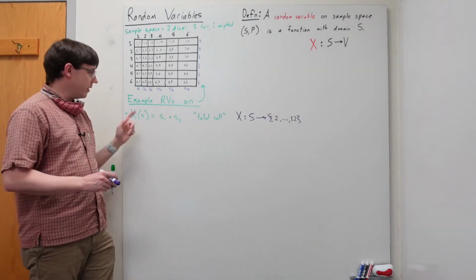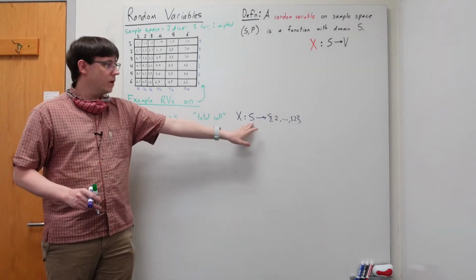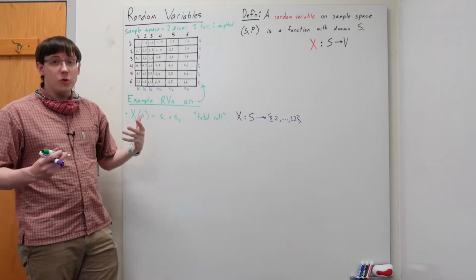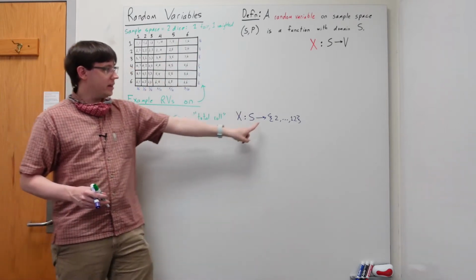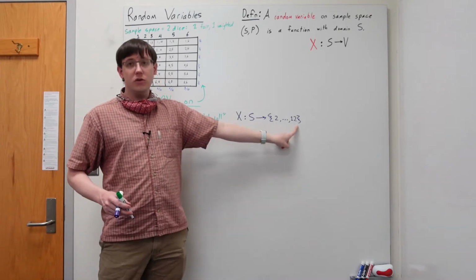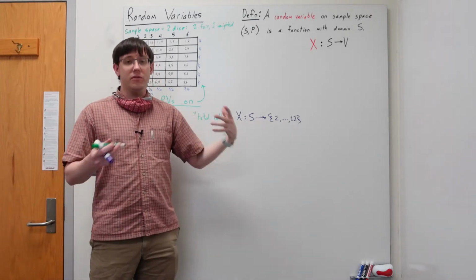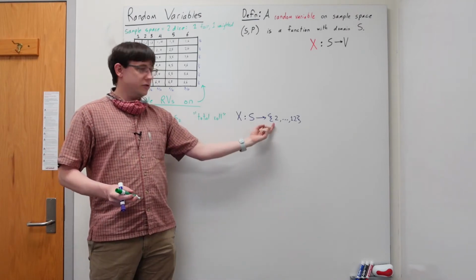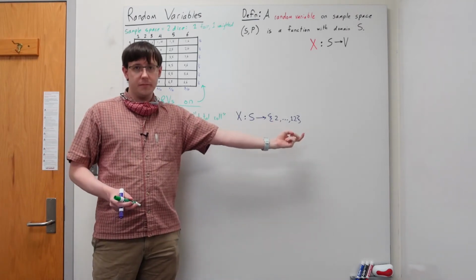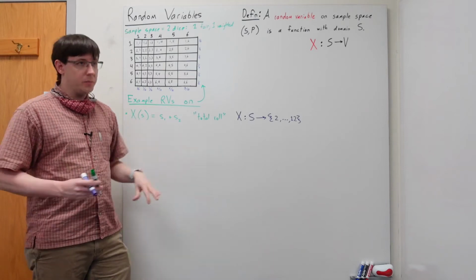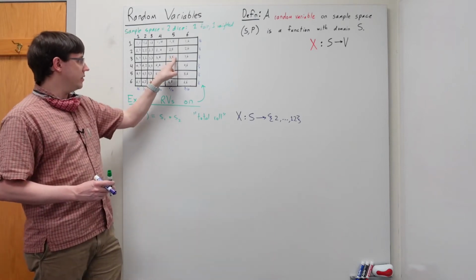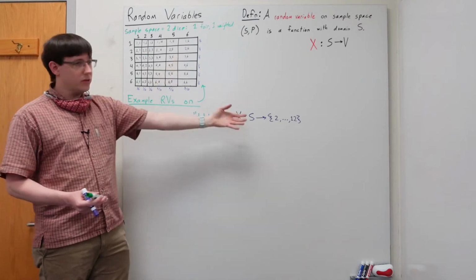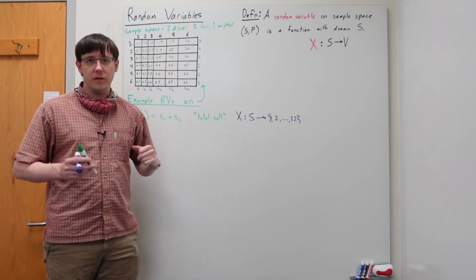So this random variable maps an outcome which lives in the sample space to a total that lives in the set 2 through 12. And so the values that this random variable can take on are 2, 3, 4, up to 12. And so when the outcome in the sample space is (3, 5), the value of this random variable would be 8.